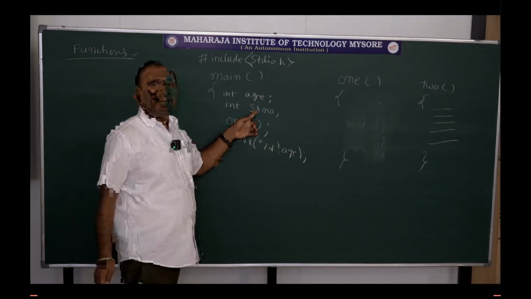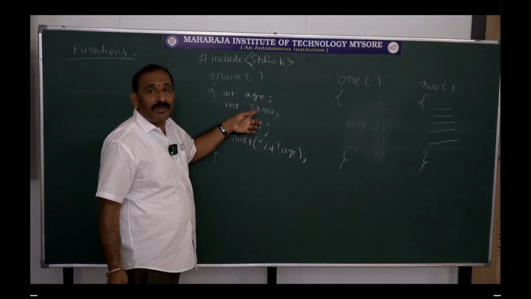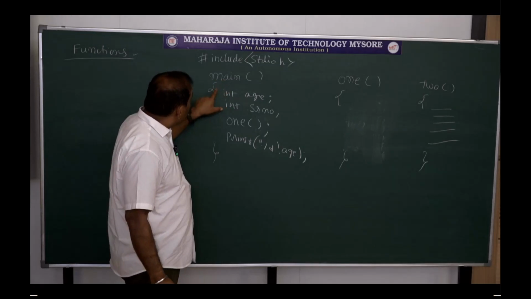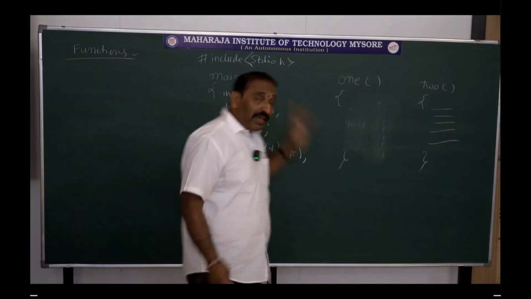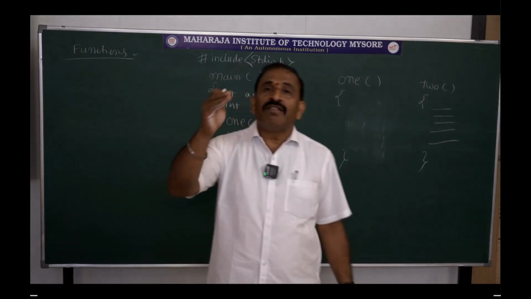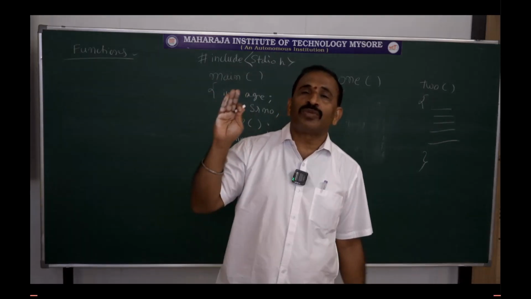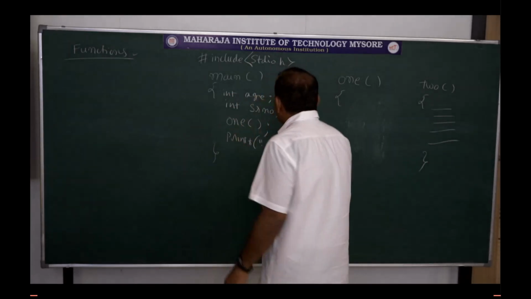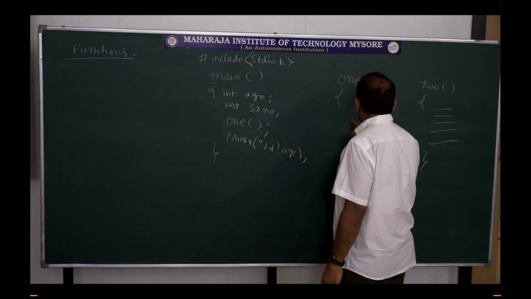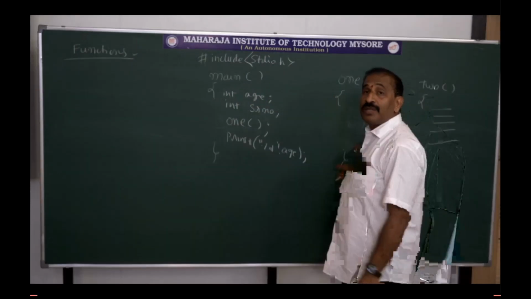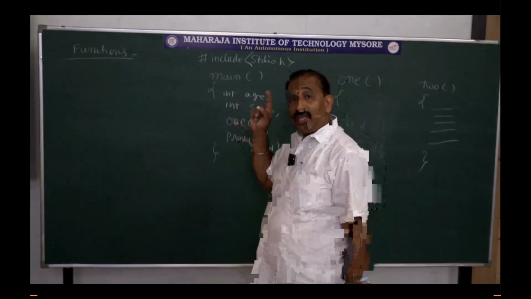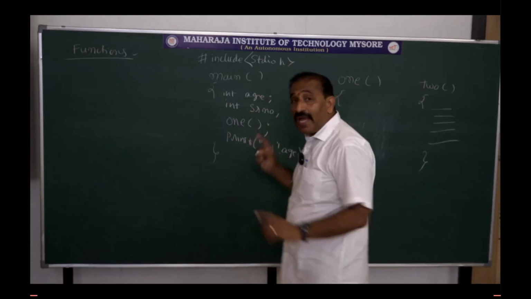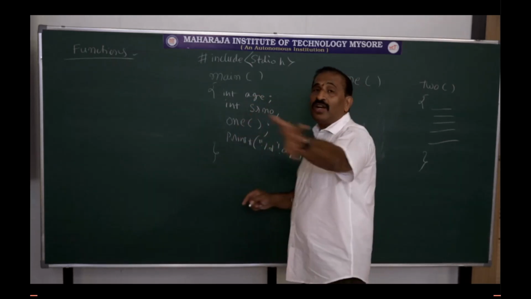Now, age and serial number are the variables that I have declared in this function called main. Like main, 1 is also a function. So, age and serial number are invalid here. You cannot use them. If you would like to use the same values, then there is an alternative.